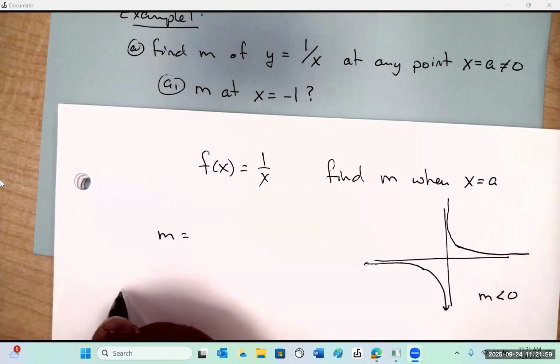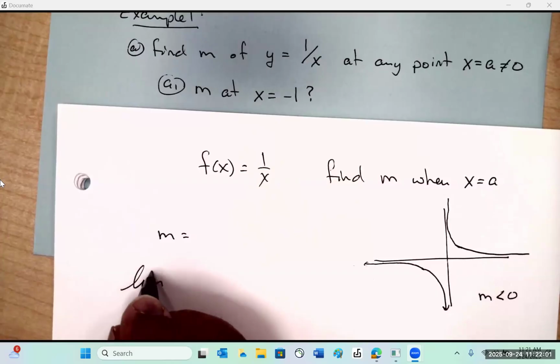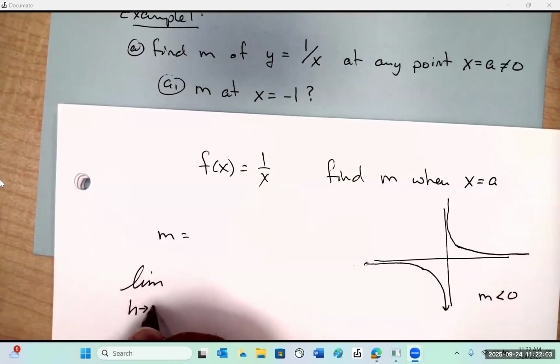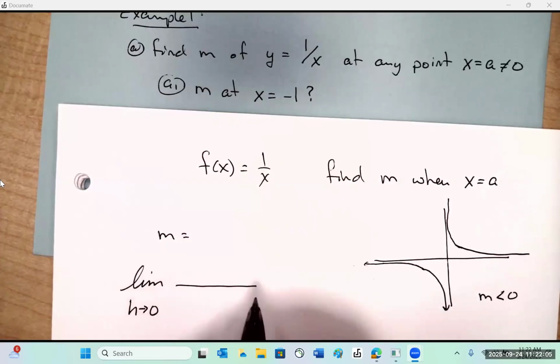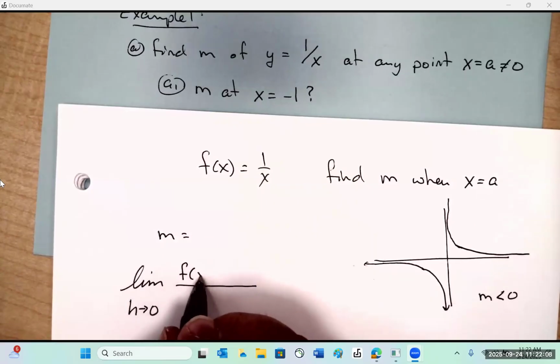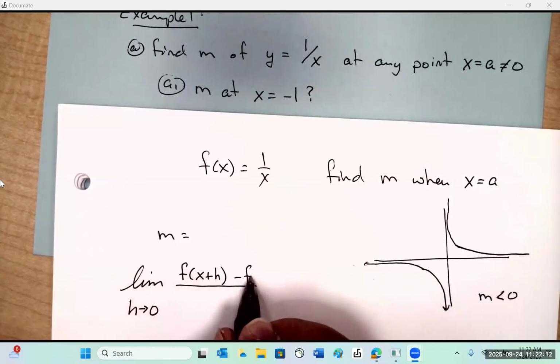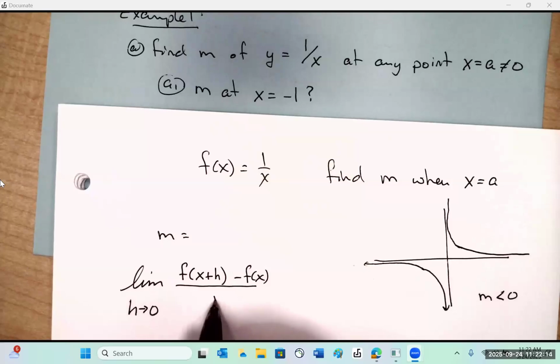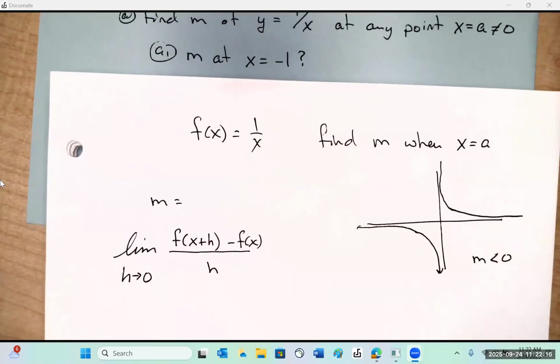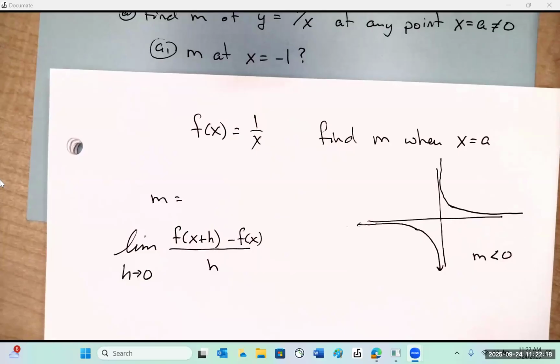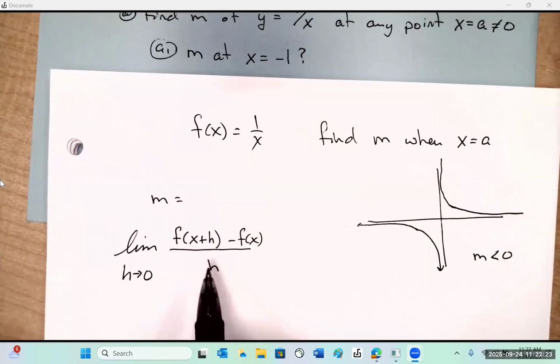So what we have to do is look at the limit as h approaches 0 of our function f of x plus h minus f of x over h, because that's the only way we can find the slope at one point.